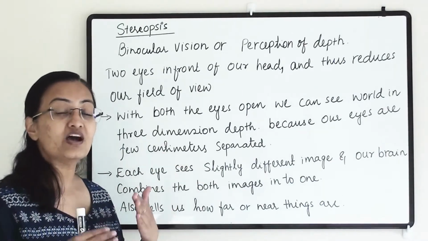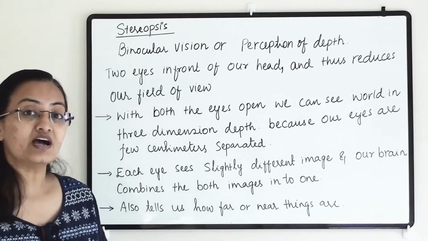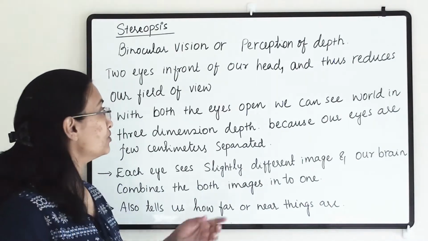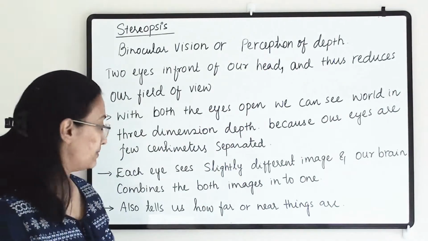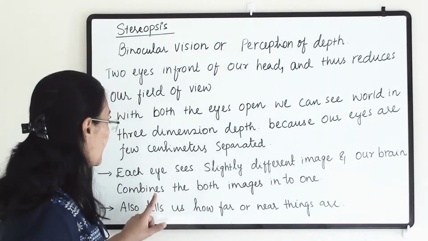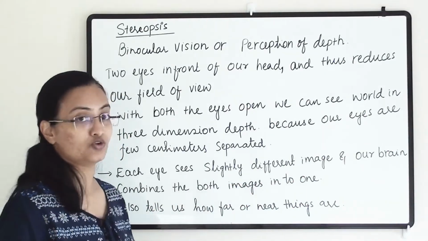But when we see the world with both eyes open, it becomes 3-dimensional and we are able to achieve the perception of depth. Each eye sees a slightly different image and our brain combines both images into one.